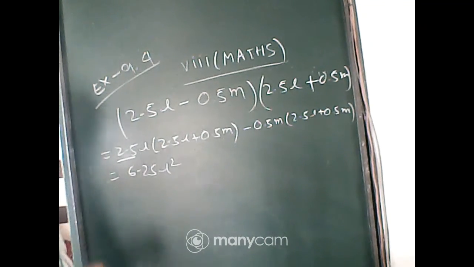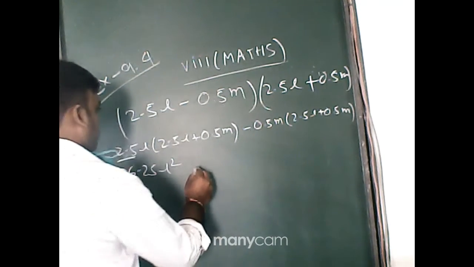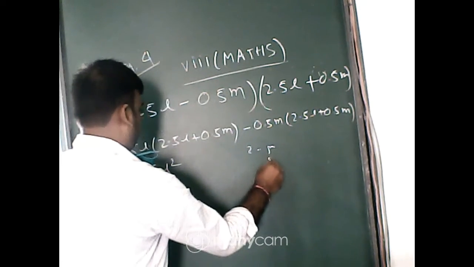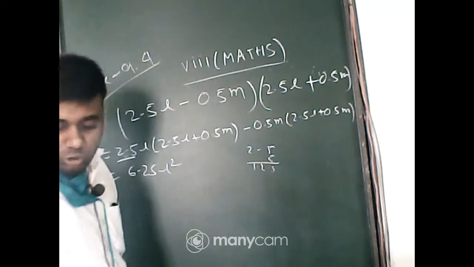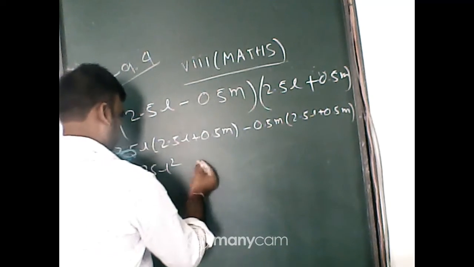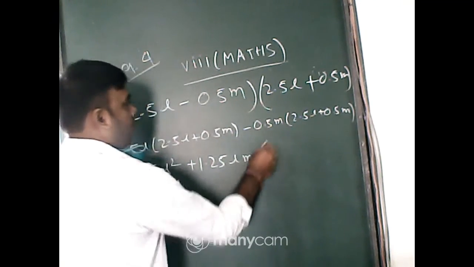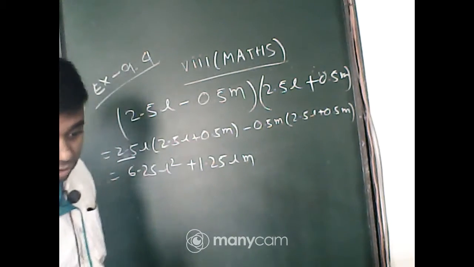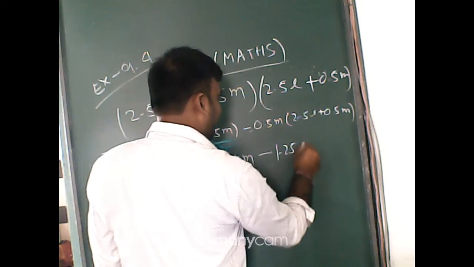Now 2.5 into 0.5, what will be the product? That will be 1.25 Lm. Minus 0.5 into 2.5 is minus 1.25 Lm.